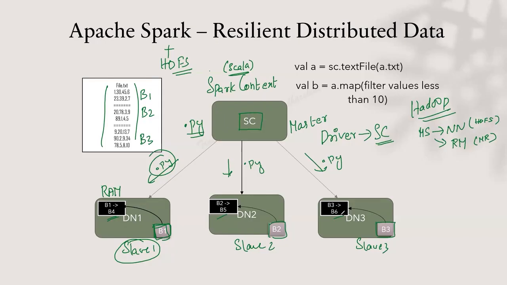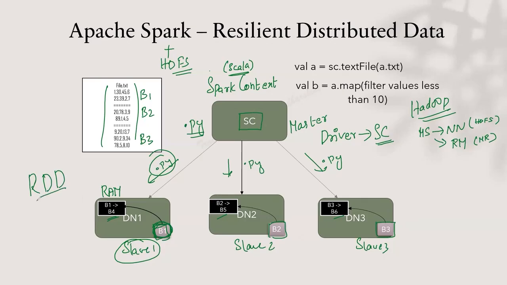Now I'm naming these intermediate outputs as B4, B5, B6 and so on. Right? Then again, finally, the reducer comes in, which could be any of these three nodes. Read it through the distributed RAM, process it. We have seen it, okay? That entire process. What you need to understand here specifically is this block that I'm pushing towards the RAM. Now that block, no more will I call them a block.